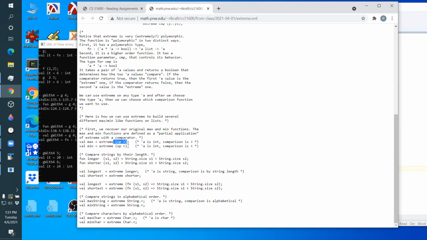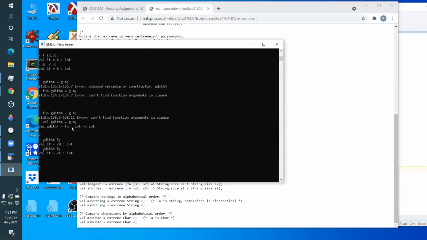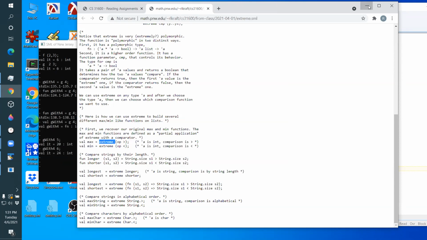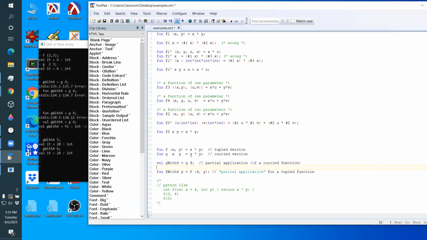Here I gave it one of its input parameters, and that gives me a special case of it. Okay, so that's a very nice design pattern that a language like ML lets you have. So that's the thing that curried functions can do that tupled functions can't do. Curried functions have this ability to be partially applied. I mean, this is not a particularly important example of a partial application.